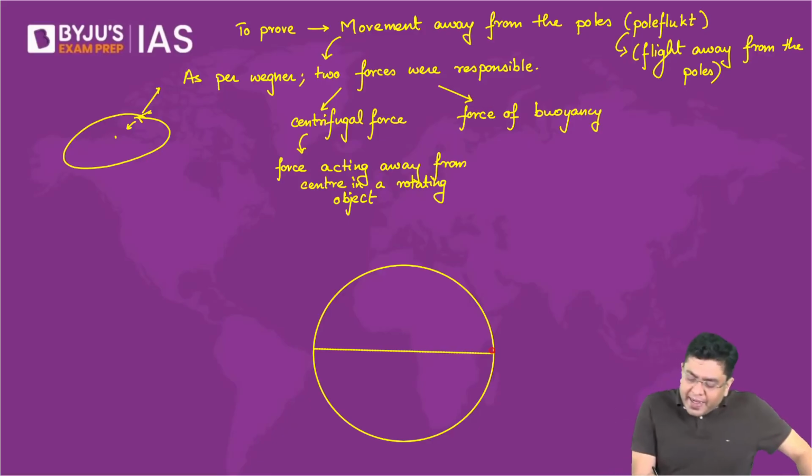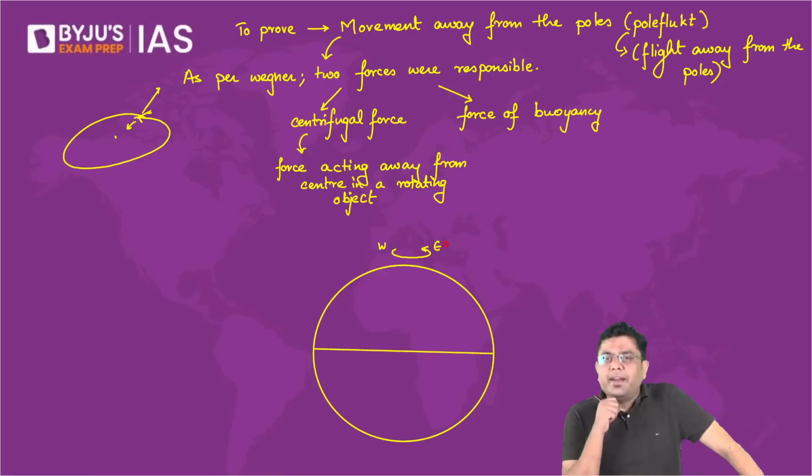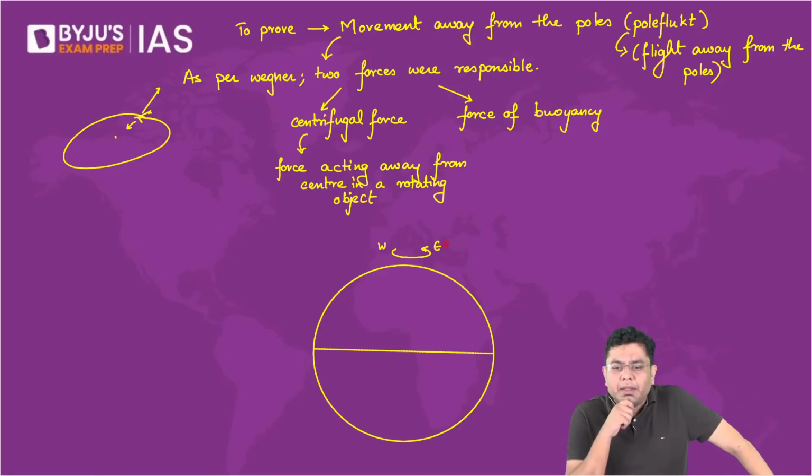So if this planet is consistently rotating from west to east, at what portion of the planet do you think the centrifugal force is acting if it is flattened around the poles and bulged around the equator? Where do you think?